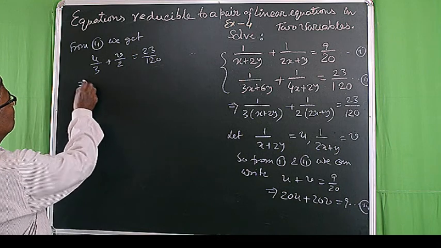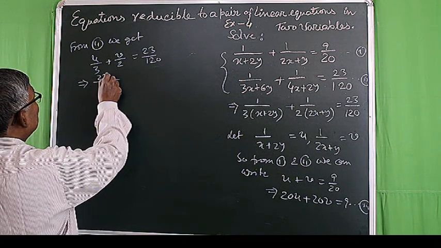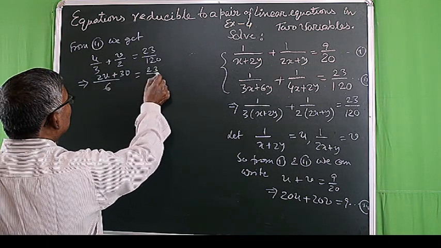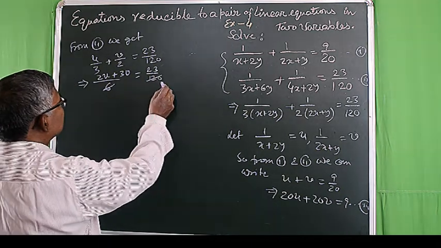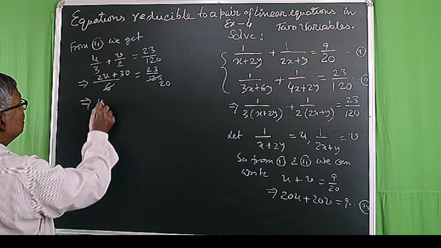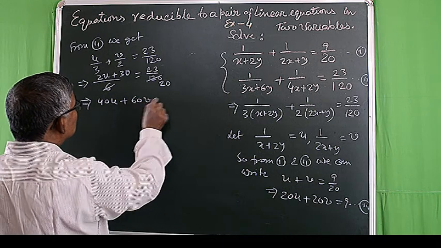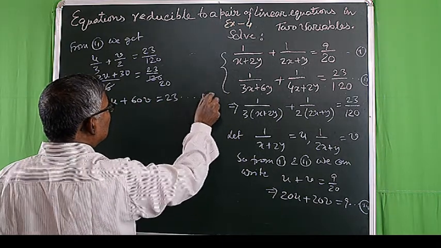This implies that LCM is 6. 2u plus 3v by 6 equal to 23 by 120. Here 6 into 20 is 120, so it cancels, it is 20. So we can write 40u plus 60v equal to 23. Suppose it is equation number 4.